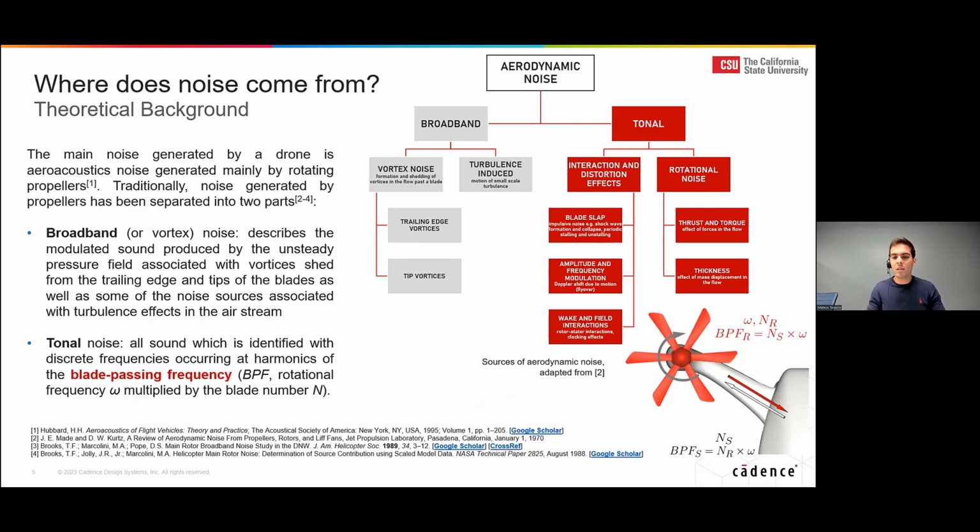So I built this chart here on the right-hand side that pretty much categorizes the aerodynamic noise into two categories: broadband noise and tonal noise. So broadband, you would be considering noise coming from turbulence.